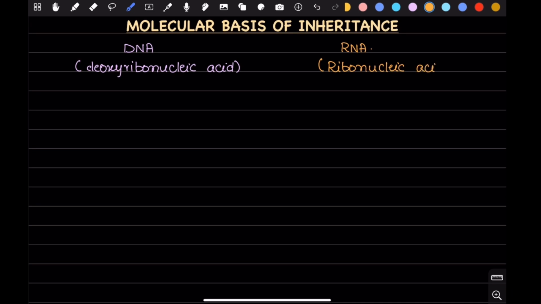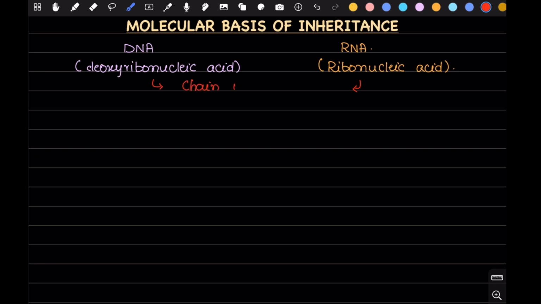Now what is the difference between this DNA and RNA? Where does the difference arise is what we will look into. So what are these two, DNA and RNA, made up of? Again, they both are chains of nucleotides.